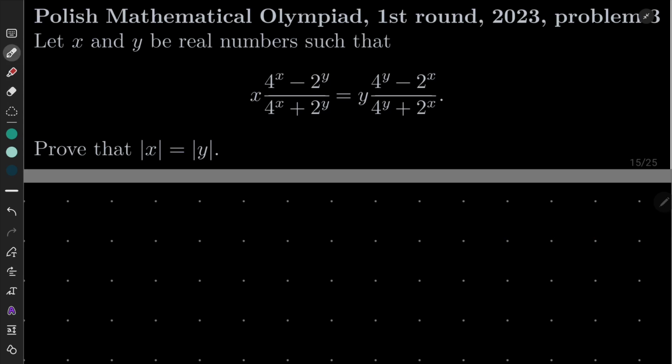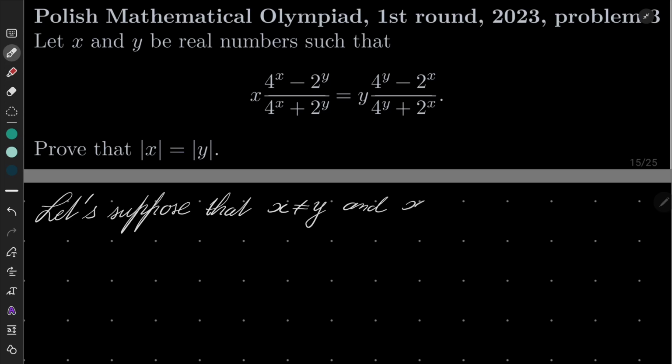Okay, so as I suggested, now let's suppose that x is not equal to y and that x is not equal to minus y. Okay.